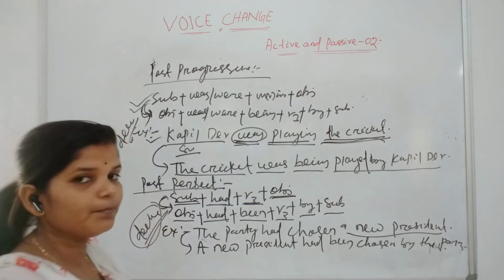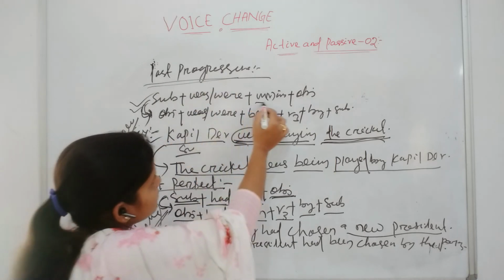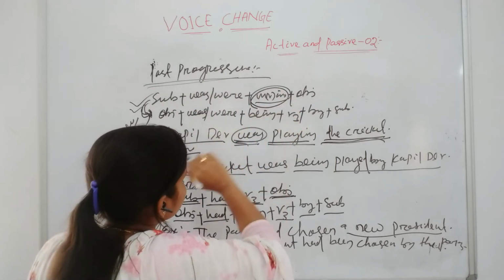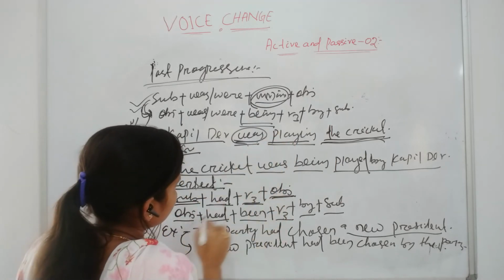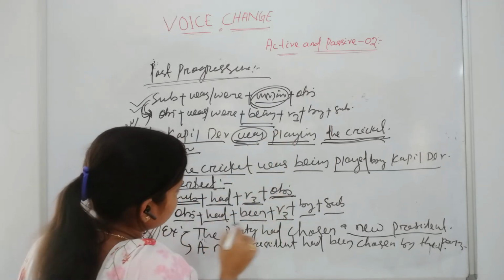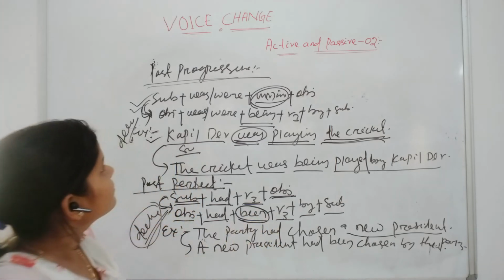and present progressive should add being. So the past progressive is verb-ing, whereas converting active to passive, it should add being, and for the perfect, the passive structures add been.